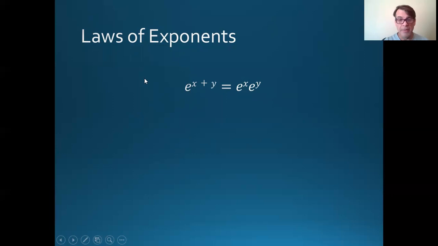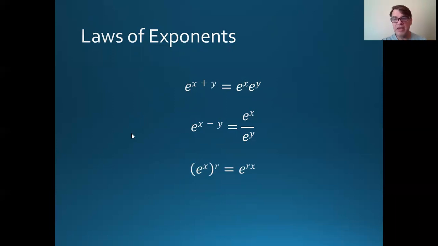E to the x minus y is e to the x over e to the y. Lastly, e to the x raised to the r is e to the r times x. Those are some laws of exponents.